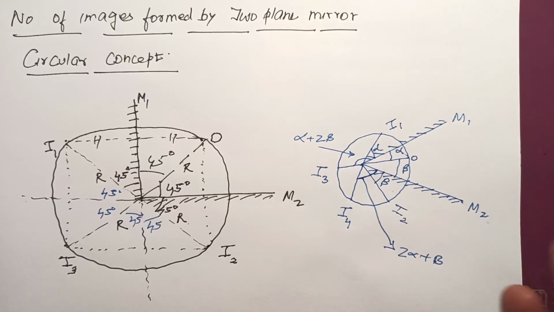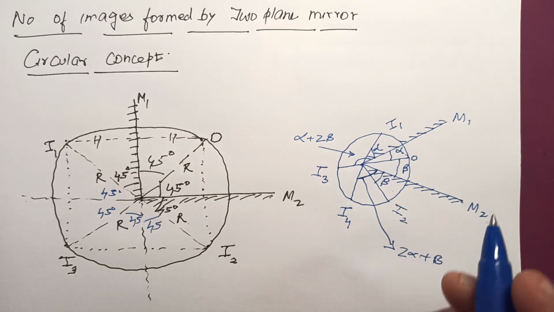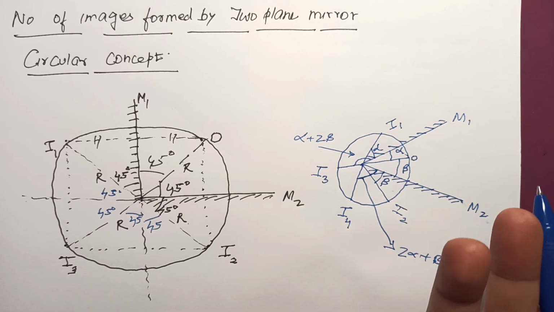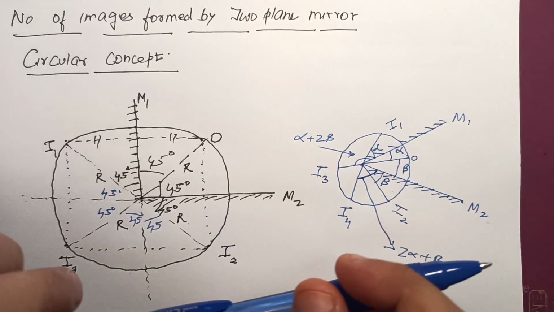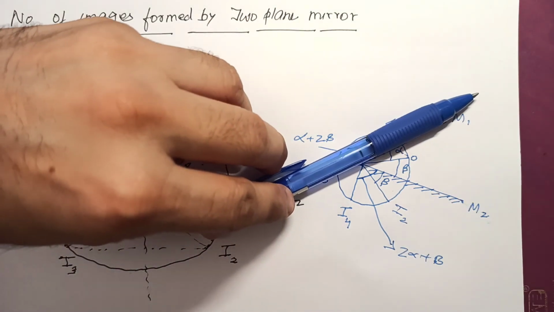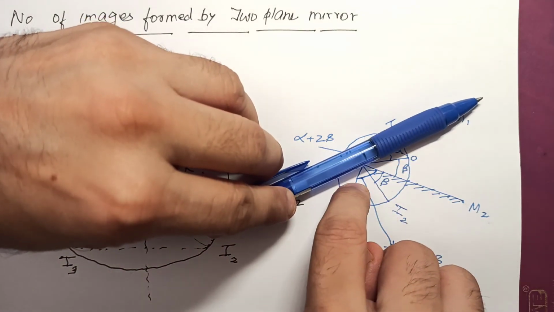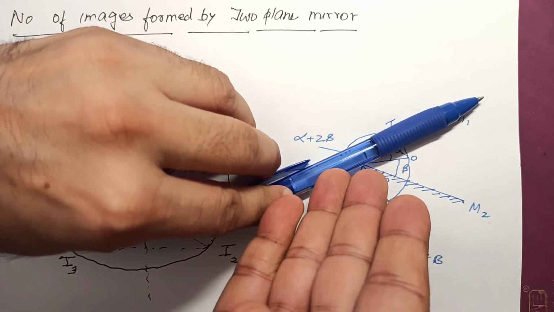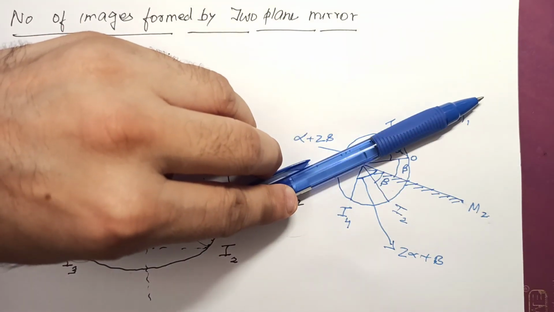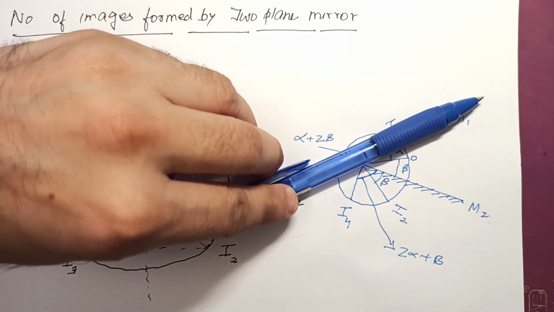The same thing will keep on repeating. Now here, a very important thing, this process is being repeated. But when will it stop? See, suppose this is mirror M1 and I'm keeping the pen here. The moment the image reaches behind this mirror, it will not reform and it will stop there only.